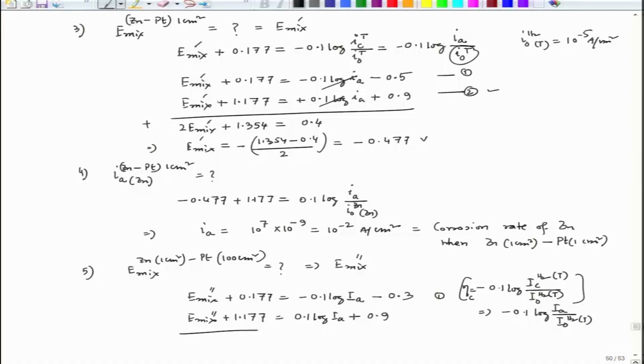So, if we solve this again, if we add them, so 2 E double prime mix plus 1.354, this will get cancelled. So, we are left with 0.6. So, E double prime mix equal to minus 0.377 volt.